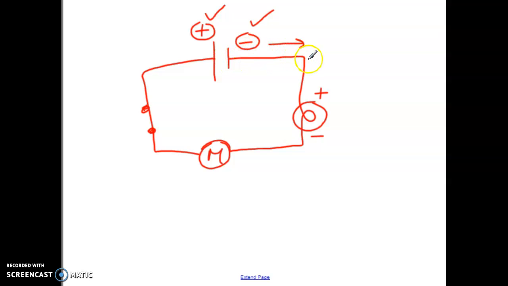So the electrons are attracted in, then repelled out, attracted in, repelled out, attracted in. Depending on how many loads you have, it depends on how many positive and negative terminals you have. So it's repelling, attracting, repelling, attracting, repelling, and then attracting once again.